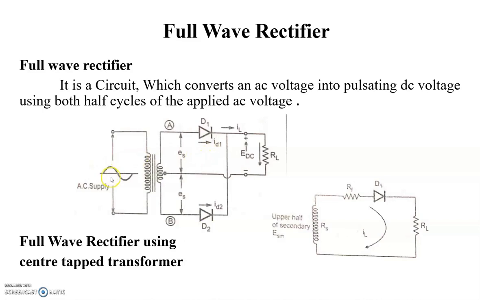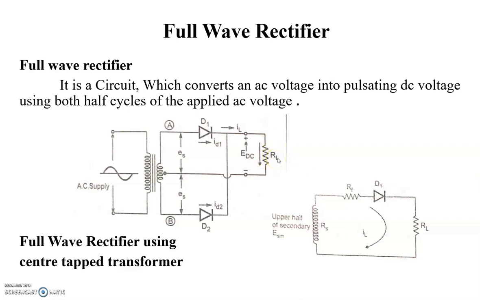Whenever we apply the sine wave as the input, then during the positive half cycle, diode D1 conducts and D2 is reverse biased. In that scenario, the current will flow like this. If we assume these diodes are ideal, then this Vin voltage will appear across the load RL, or otherwise we can say that V0 is equal to Vin.